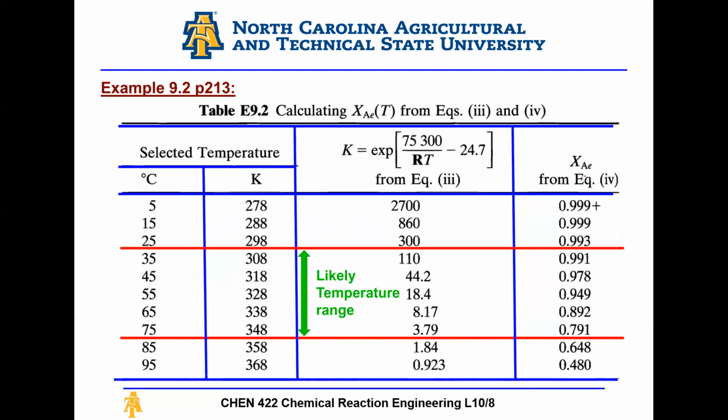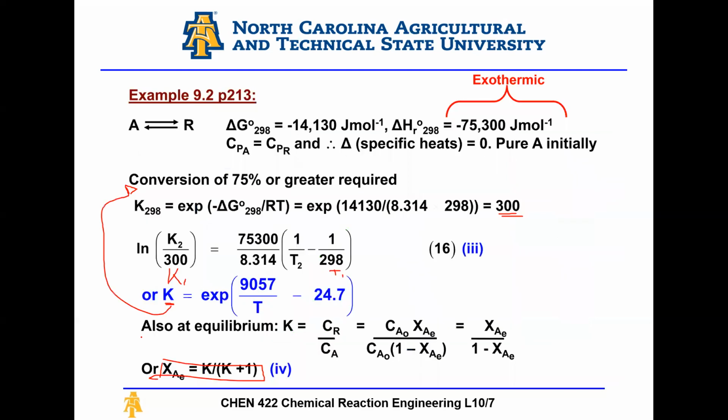And then from the other equation, I can get XAE, so now I have XAE as a function of temperature. We're looking for a conversion of 75% or greater, right? So this prompt here, I need a conversion of 75% or greater.